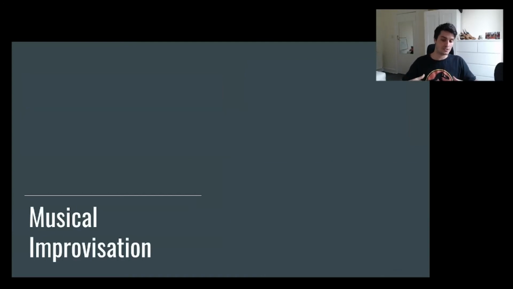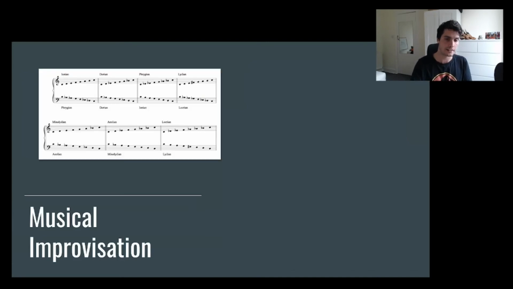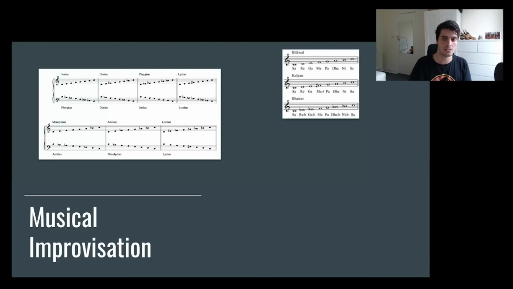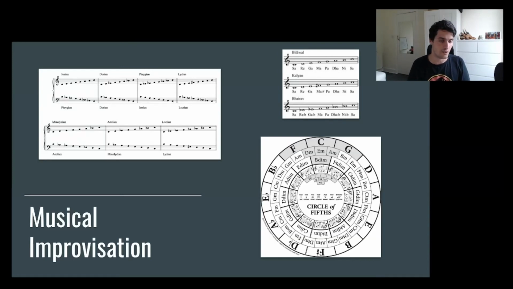On top of these two extremes of notation, there are what people identify as musical structures, things like scales or modes, the major, minor, all these Greek-inherited modes for European music or ragas for the classical Indian music. But then, of course, indeed, the cycle of fifths as a structural device that helps you navigate the possibilities when trying to improvise.